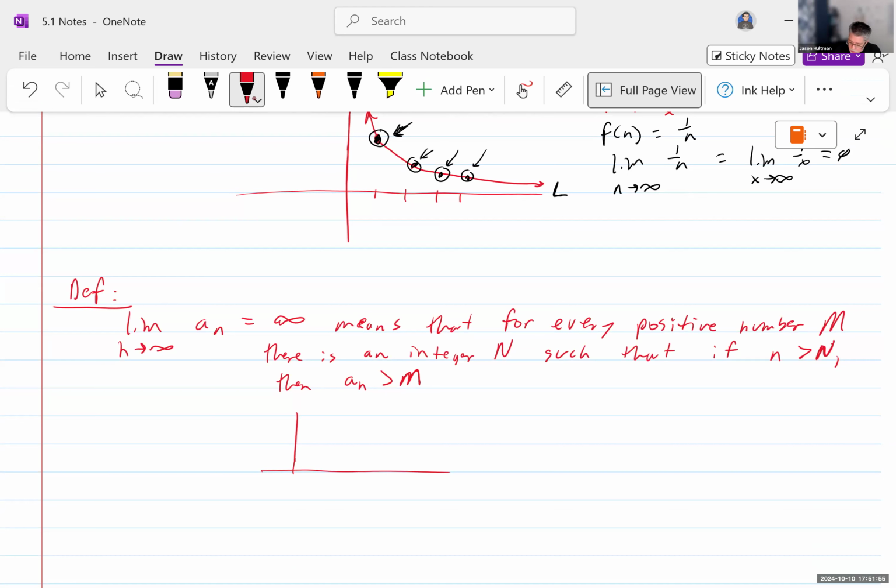Instead of getting closer to some value, it just keeps going up and up and up forever. So if we look at capital N, then that distance to a sub capital N, we're going to call M. And then we can say that there exists a lowercase n after capital N such that a sub n is a larger value than M. That height is larger.